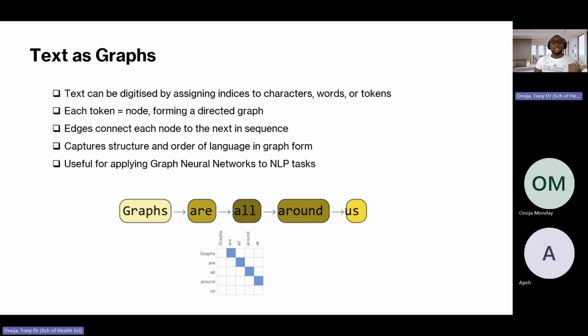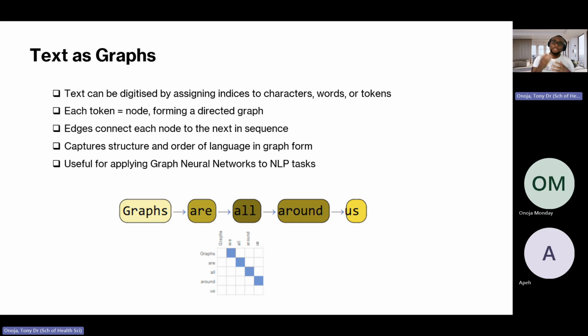In similar manner, we could also consider text as graphs, where each of the texts can be digitized by assigning indices to characters, words, or tokens.